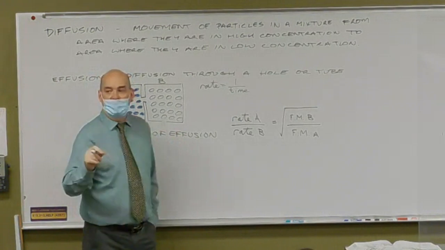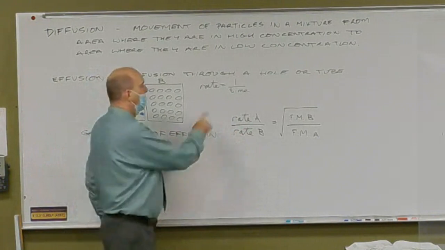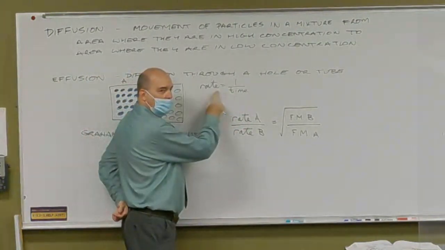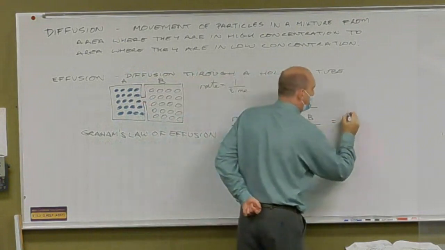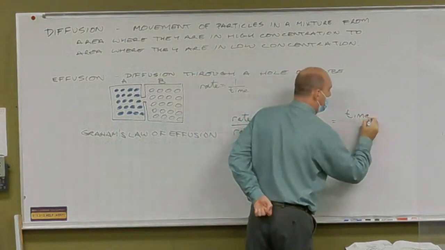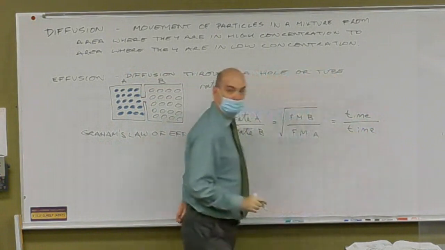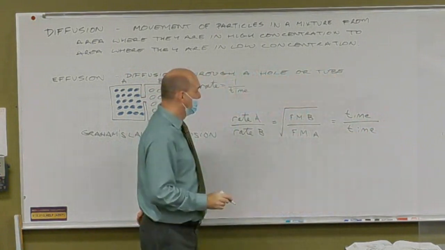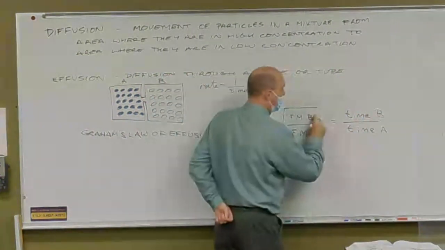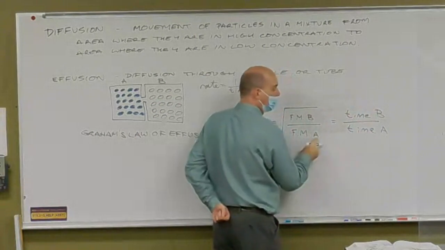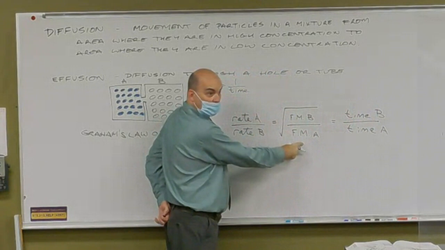If you're going very, very slow, it takes you a long time to get to your destination. Rate and time are the inverse of each other, which means if I wanted to talk about this in terms of time, this is a direct relationship. This is an inverse relationship, okay?